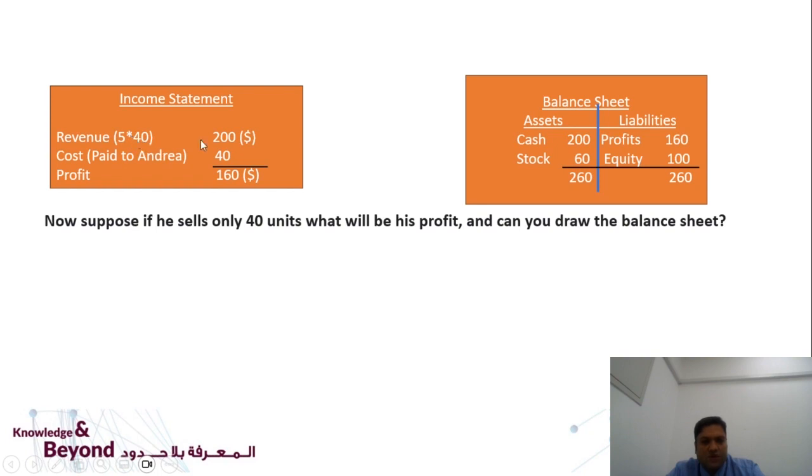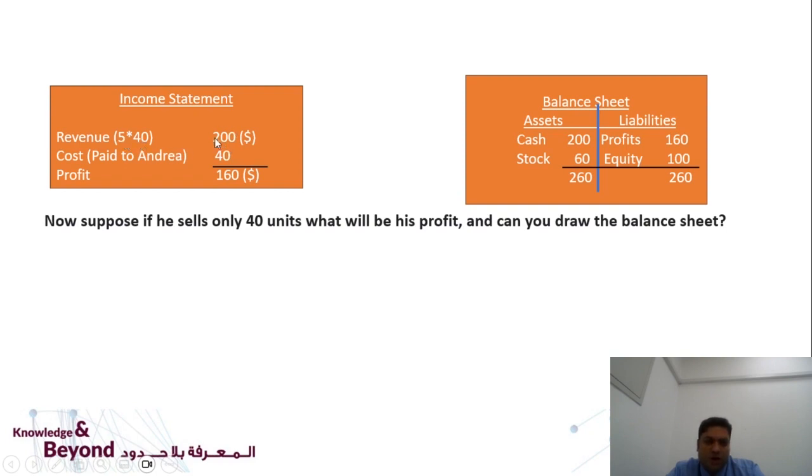So which means when you prepare an income statement, you record only the revenues and expenses related to the business. In this case, Andrea is able to sell 40 pizzas, each of those pizzas costing $5. So this $5 you're seeing includes the cost paid to Claudia plus the profit of Andrea.